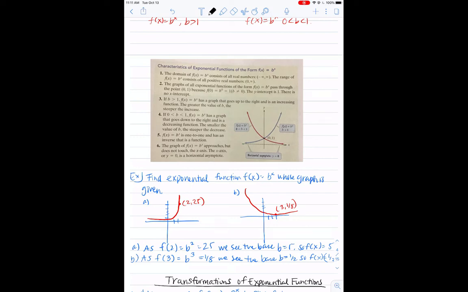And then we compared when b is greater than 1 and b is between 0 and 1, that the graph goes up to the right, and it's an increasing function when b is greater than 1, and if b is between 0 and 1, it goes down to the right, and it's a decreasing function. And then we'll discuss later that b to the x is 1 to 1, and it has an inverse that's a function. And then also we know that y equals 0 is our horizontal asymptote.